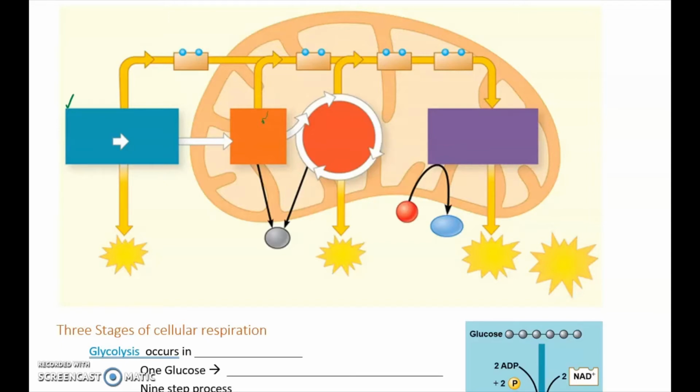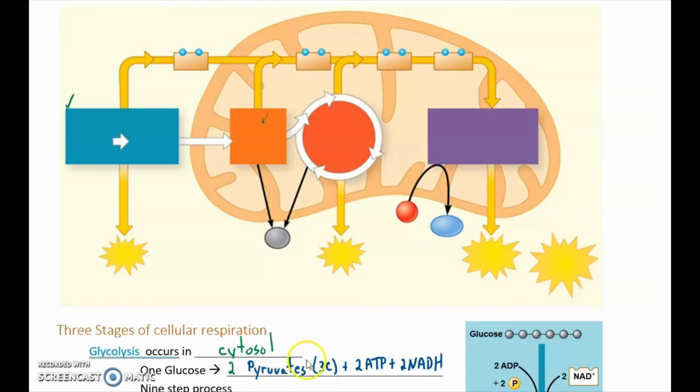So the first stage of cellular respiration is called glycolysis, and it occurs in the cytosol. In glycolysis, 1 glucose makes 2 pyruvates, which are 3-carbon molecules, 2 ATP and 2 NADH.